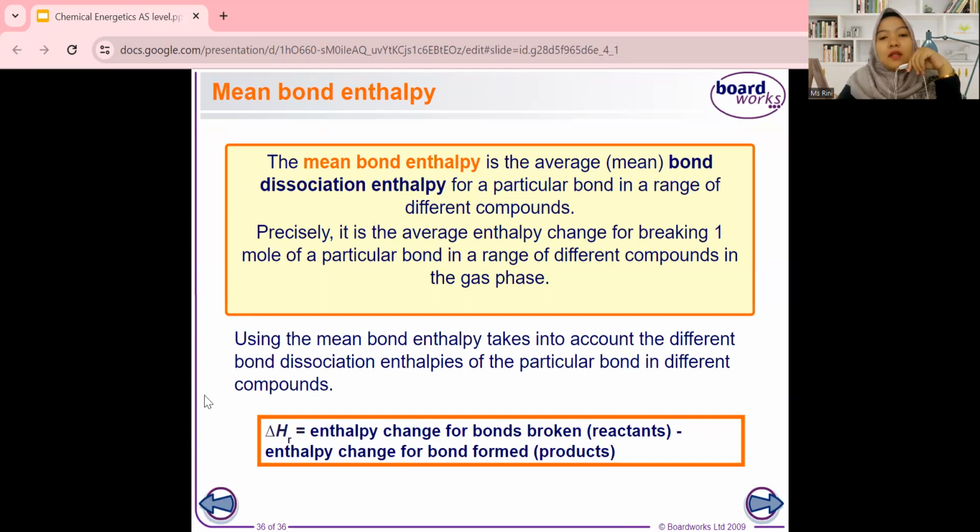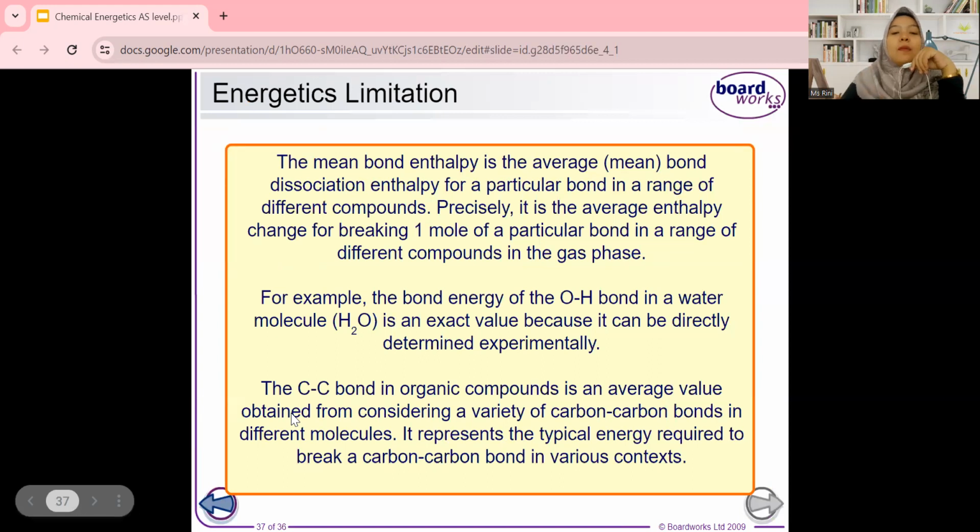And then to make it clear, maybe it is better for you to also know about the energetics limitation. The mean bond enthalpy is the average bond dissociation enthalpy for a particular bond in a range of different compounds. For example, the bond enthalpy of the O-H bond in a water molecule, H2O, is an exact value because it can be directly determined experimentally.